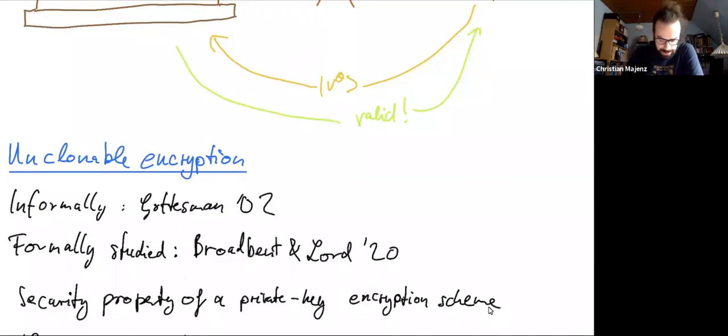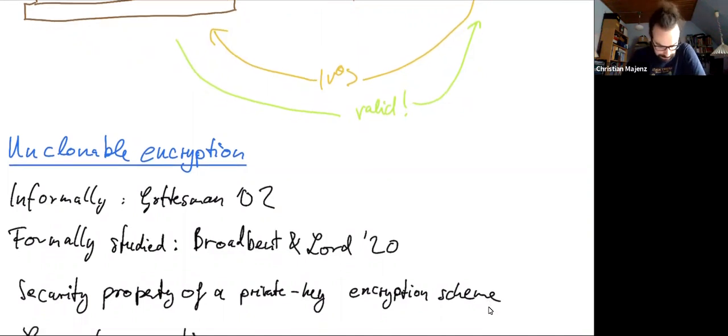So informally, unclonable encryption was introduced by Gottesman in 2002, and in 2020 it was formalized. There were some formal security definitions put down, and it was studied by Broadbent and Lord. So this is a security property of a private key encryption scheme.